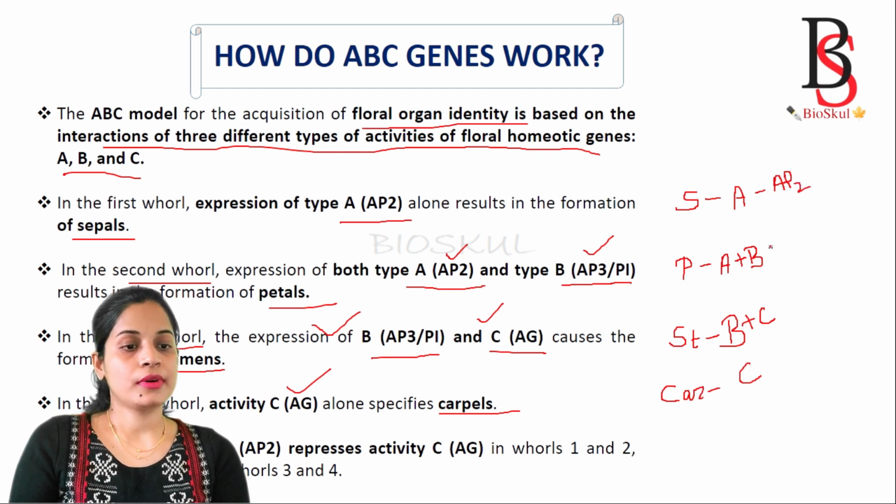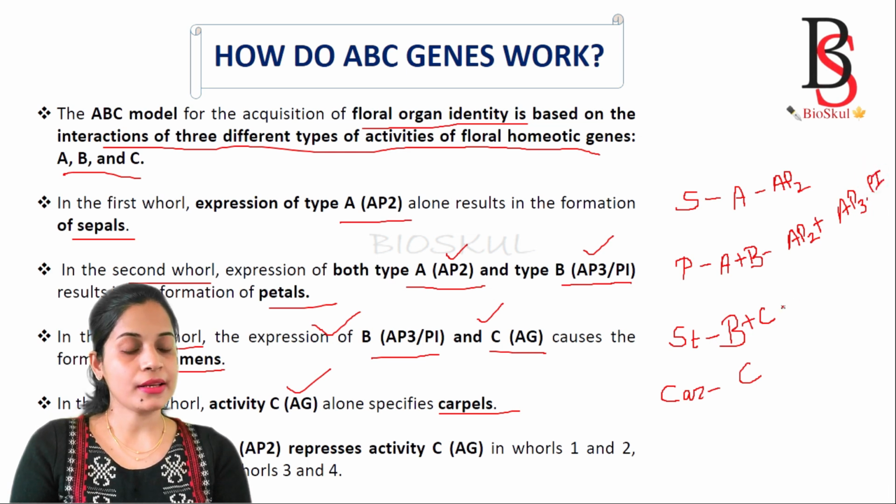and here in A plus B, A is Apetella 2 and B is Apetella 3 plus pistillata. So for petal development, these three genes are required.